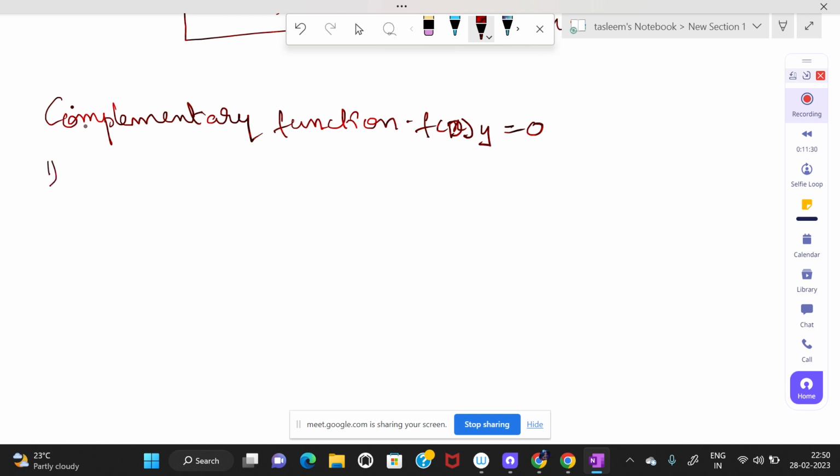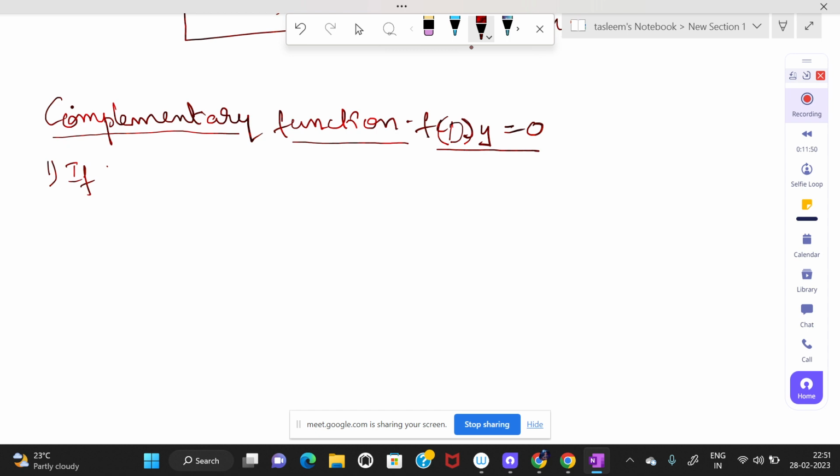The first one, f of D into y is equal to 0.